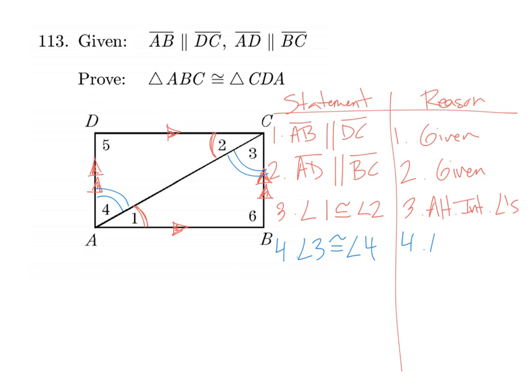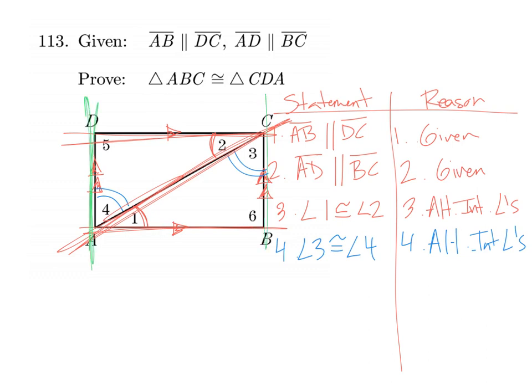Those are also alternate interior angles. Just to be clear, I have these parallel lines here, and this is the transversal. That's what makes angle 1 and angle 2 alternate interior angles that are congruent. Then I have these two parallel lines here, and I have this transversal once again. And that's what makes these angles congruent. They're alternate interior.